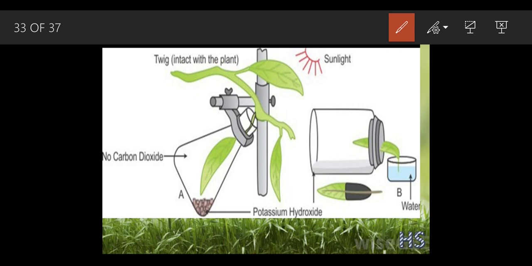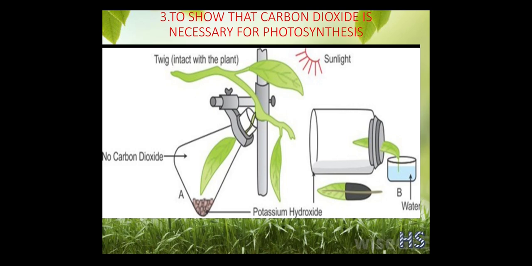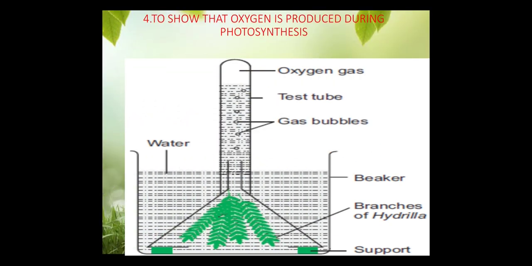Now fourth, the plant takes in carbon dioxide, so what do they release? They release oxygen. Now suppose we take a plant that is Hydrilla. So where is Hydrilla present? It's an aquatic plant, so we are going to get it in the water only. Take that plant and cover it with a short stem funnel.